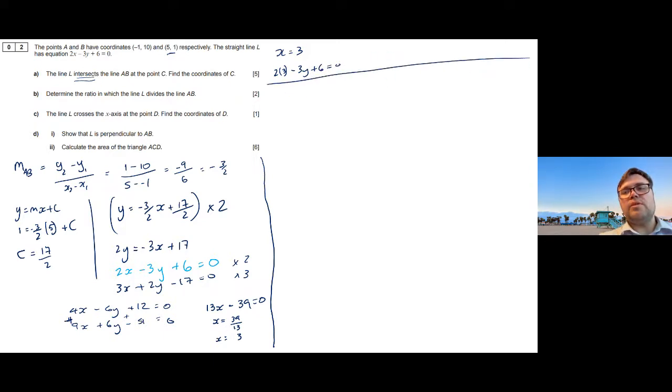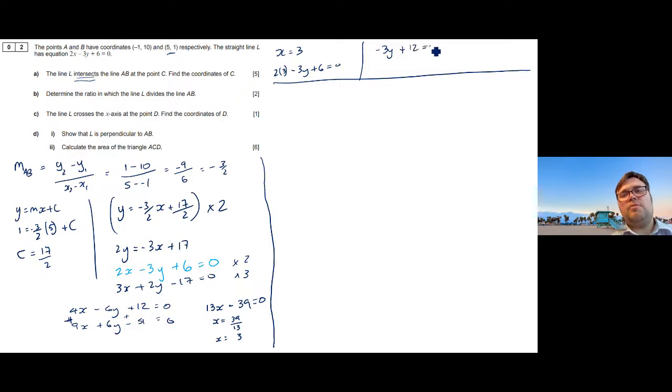Next one then would be having 6 plus 6, or minus 3y plus 12 equals 0, 3y equals 12, y equals 4. So the coordinates for C are 3, 4. Excellent. Determine the ratio in which the line L divides line AB.